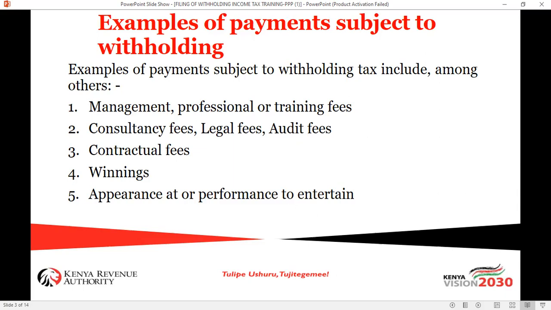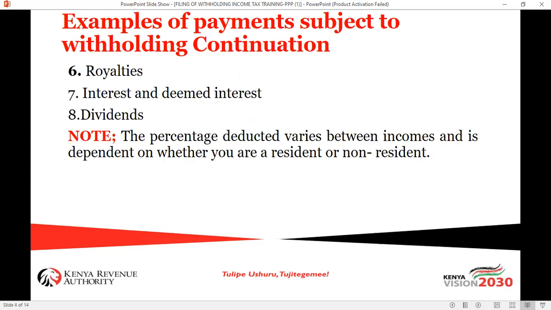We have consultants fee, legal fee, and audit fee. We have contractual fee, winning fee, appearance or performance to entertain. We have royalties, interest and deemed interest, dividends.